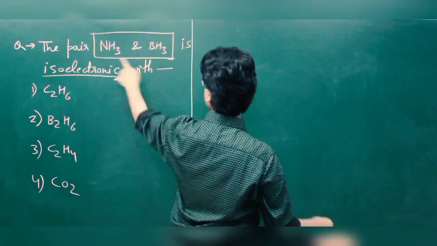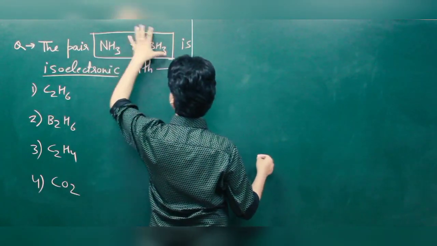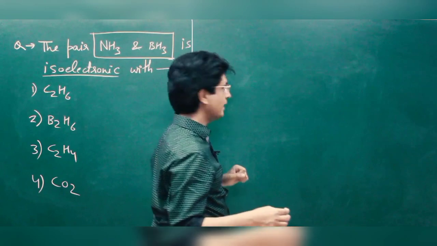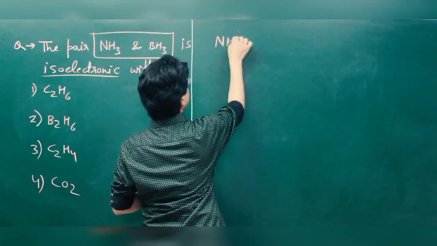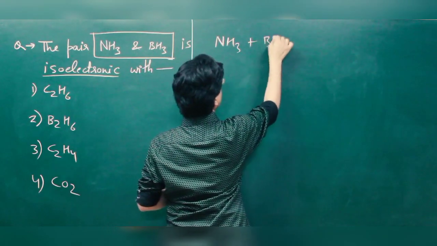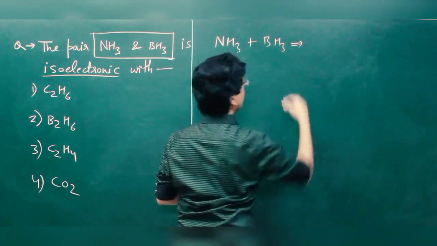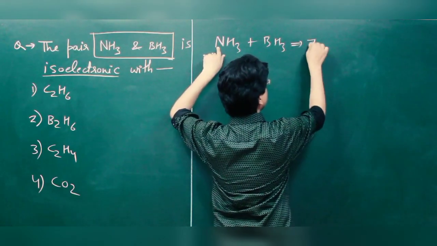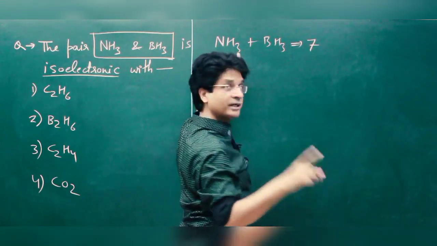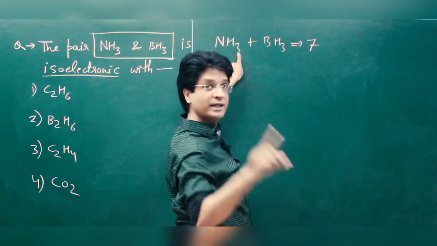So for this pair NH3 and BH3, the total number of electrons will be: N contains how many electrons? 7. Hydrogen contains 1 electron. How many hydrogens are there? 3.